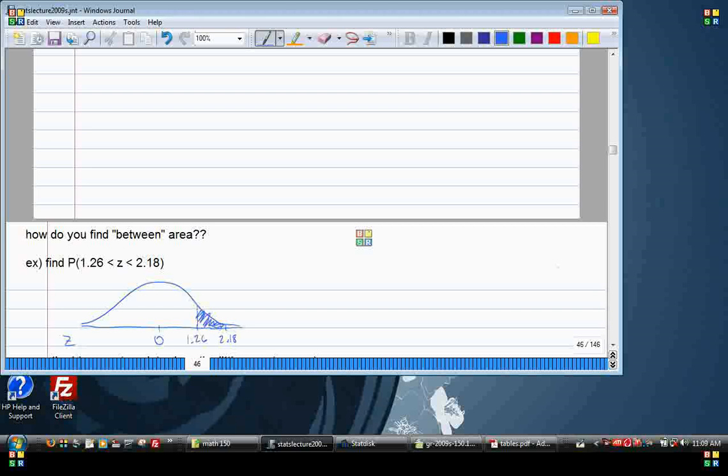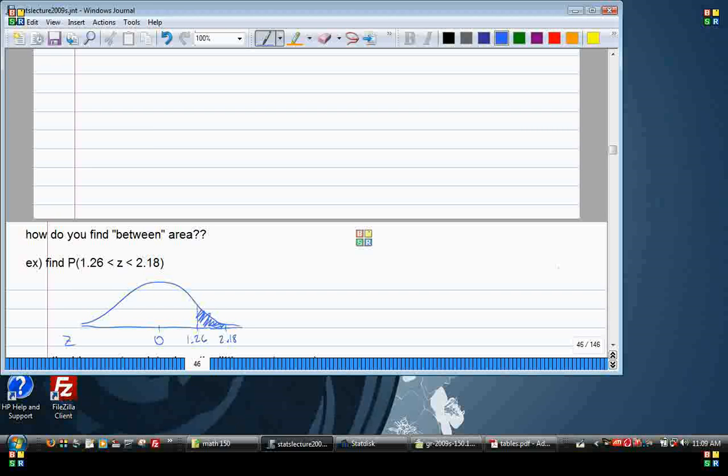The question is, how do we find that area? Excel can only tell us area to the left. So how can we use that in order to find this between area? Absolutely. Subtract what? No. So your first idea was right, or the start of your idea was right, though.